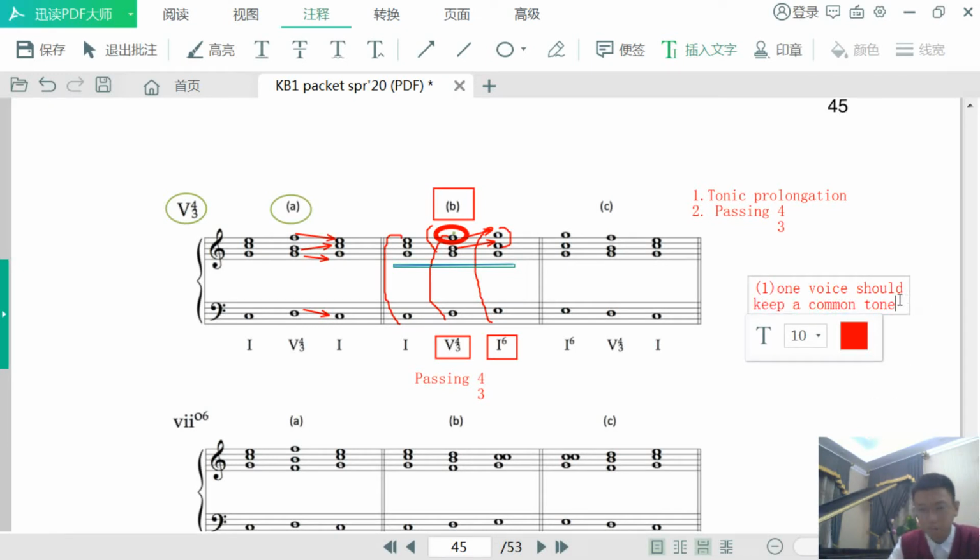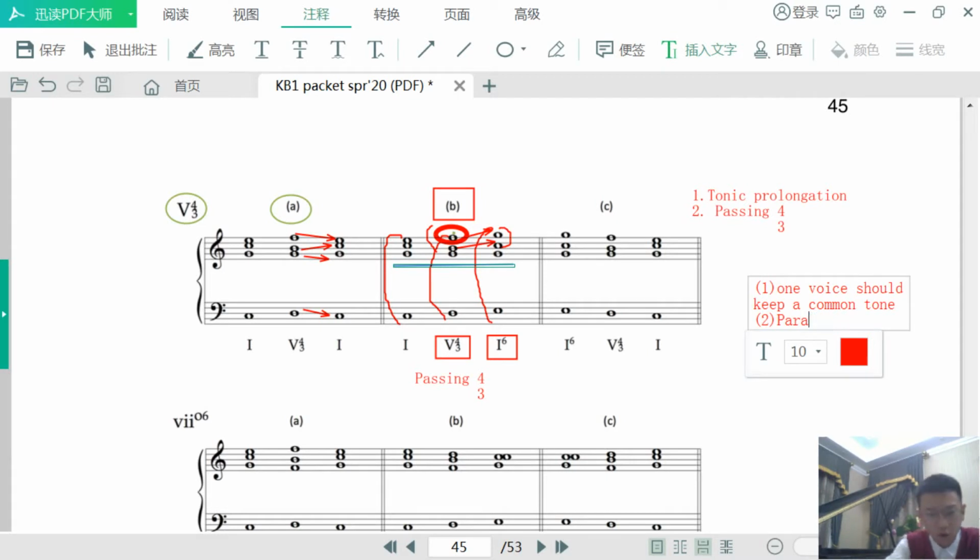The second, we must have the parallel tenths. Oh my god, my spelling is really bad. How do I spell parallel?